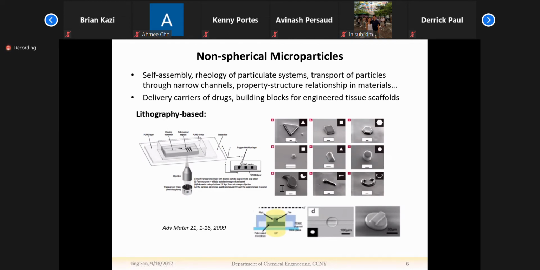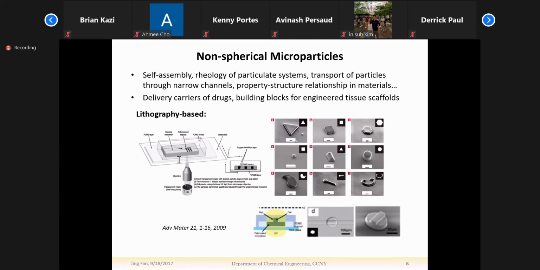We know that when we have particles suspended in a liquid, it changes the rheological properties of the liquid, such as viscosity, or maybe from Newtonian fluid to non-Newtonian fluid. The particle shape, size, and roughness all matter. So non-spherical microparticles can be used to study the rheology of particulate systems, or the transport of particles through narrow channels.